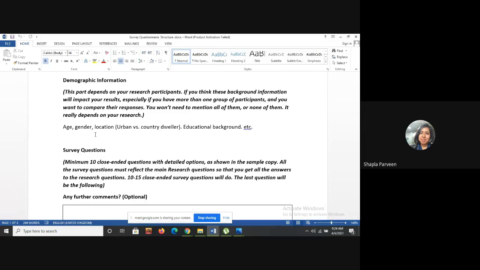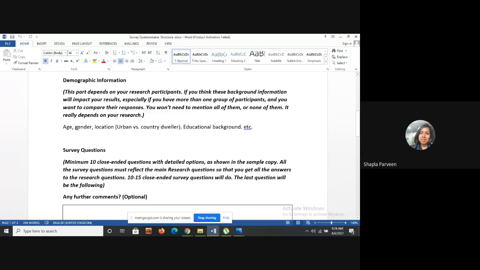If you think that this background information will impact your results in any way, then you need to ask these types of questions. But remember that this demographic information is not part of the survey questions. These are not survey questions, so do not number them.